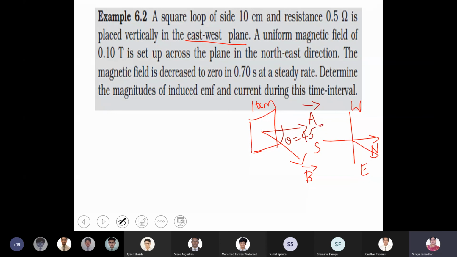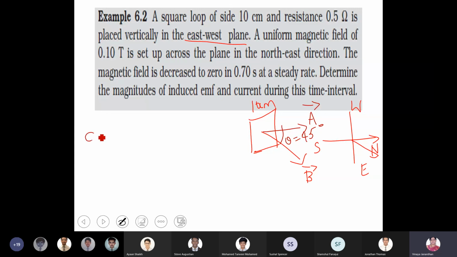Looking at the direction, you should know. Imagine the plane of the loop is along the east-west plane, which means any vector perpendicular to its surface will point in the north direction. The magnetic field is along northeast, which means the angle between area vector and B vector is 45 degrees.